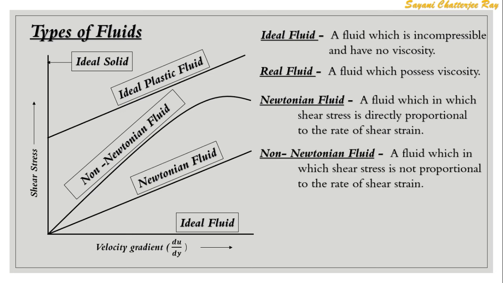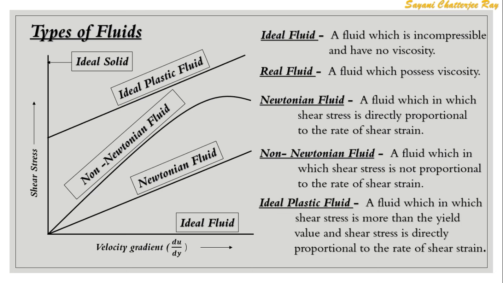A real fluid in which shear stress is not proportional to the rate of shear strain or the velocity gradient is known as a non-Newtonian fluid. Types of non-Newtonian fluids are paints, slurries, human blood, polymer solutions, suspension of cornstarch in water, etc. Last is ideal plastic fluid. A fluid in which shear stress is more than the yield value and shear stress is proportional to the velocity gradient or rate of shear strain is called an ideal plastic fluid.